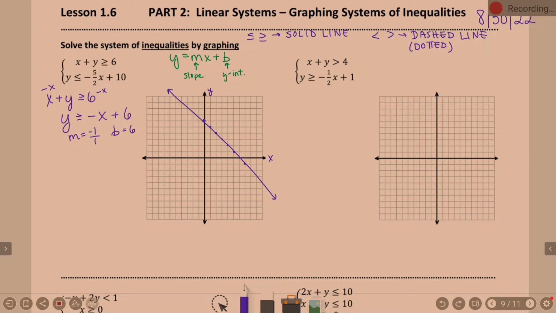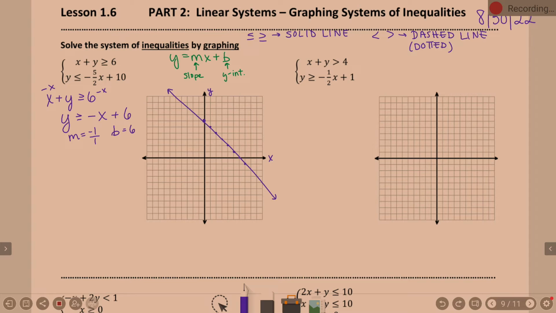When we have it in that y equals form, I want your brain saying, do I shade above or do I shade below? What symbol did we have? We had a greater than symbol. Is a greater than symbol going to tell us to shade above or below? Above. Yes. And so now, above on this particular line, based on the angle, is over to the right.